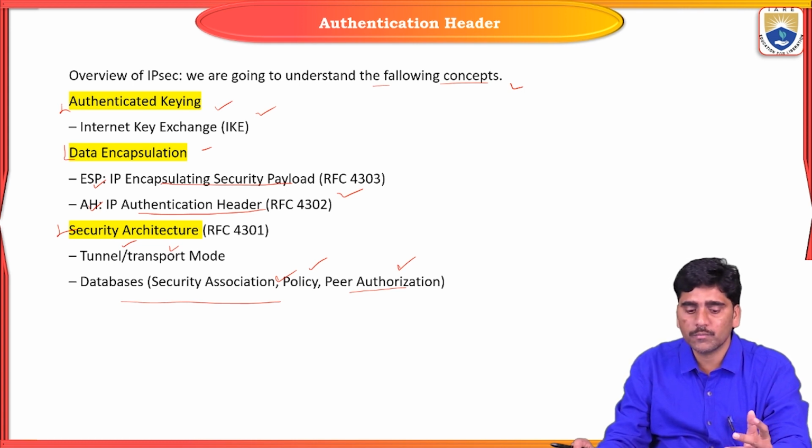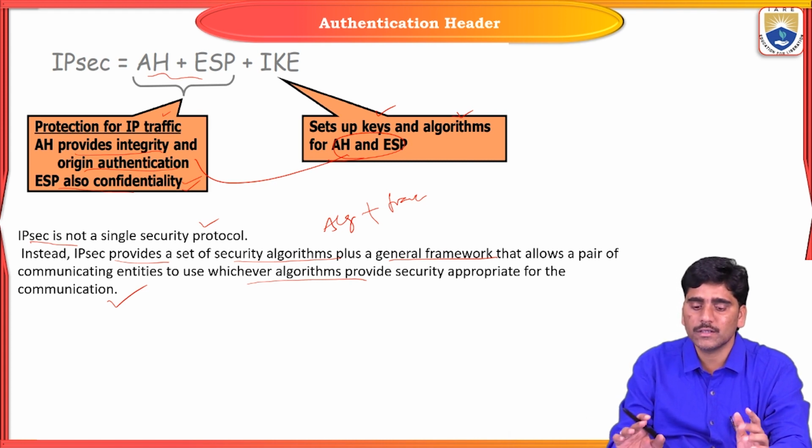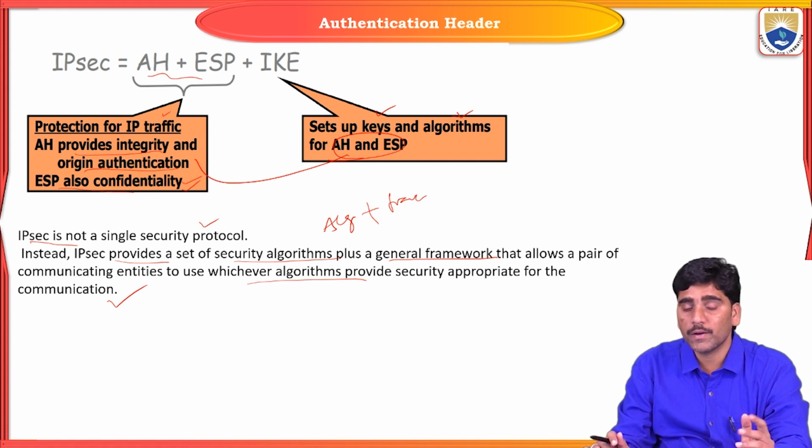Data encapsulation provides encapsulation and confidentiality of the data. Security architecture provides delivery of the services in two modes, transport mode as well as tunnel mode. And IP security is a combination of the authentication header plus encapsulating security payload plus internet key exchange mechanism.